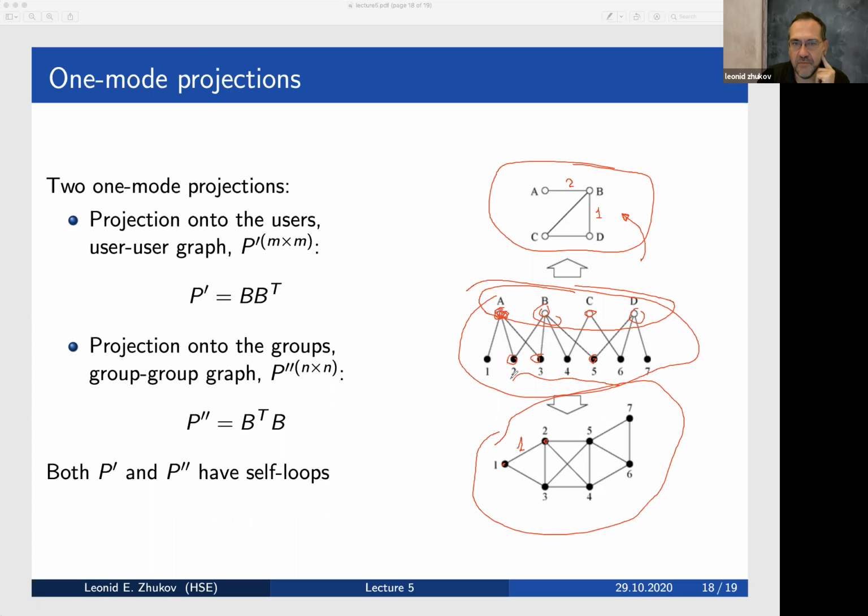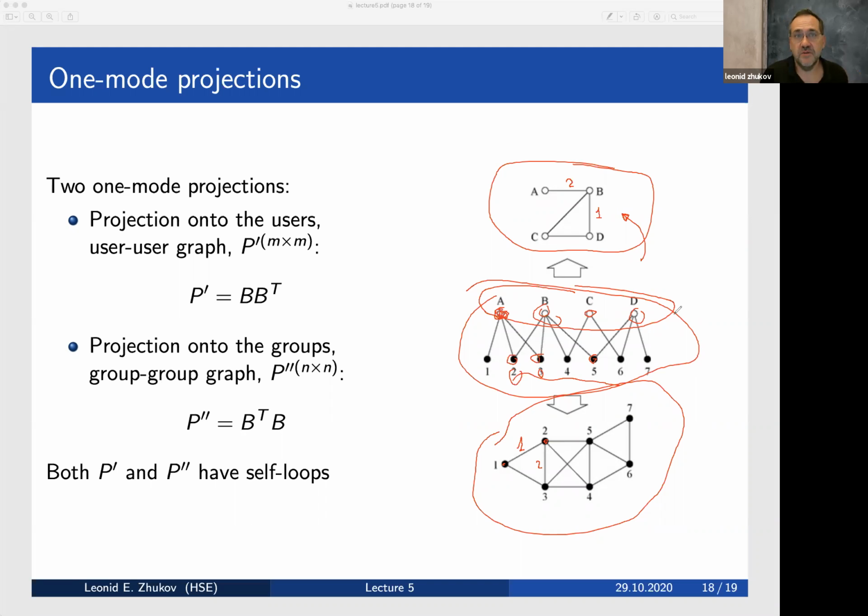Papers 2 and 3 have A and B in common, so both authors wrote them, and there is a weight of 2. And so on and so forth. But 1 and 5 are not connected because they haven't been co-authored. These things are called one-mode projections.